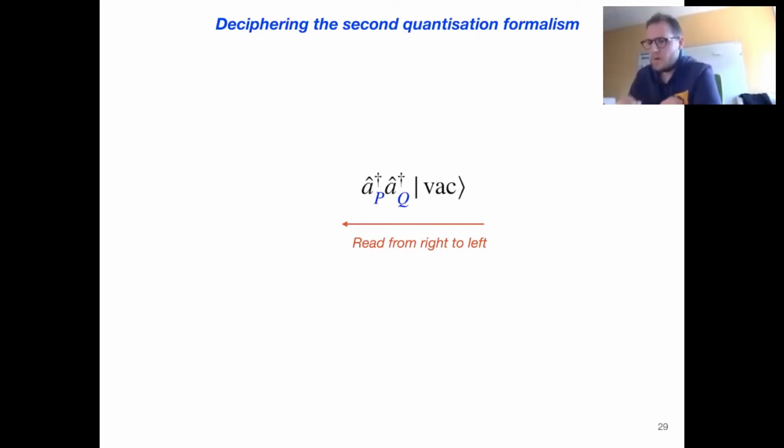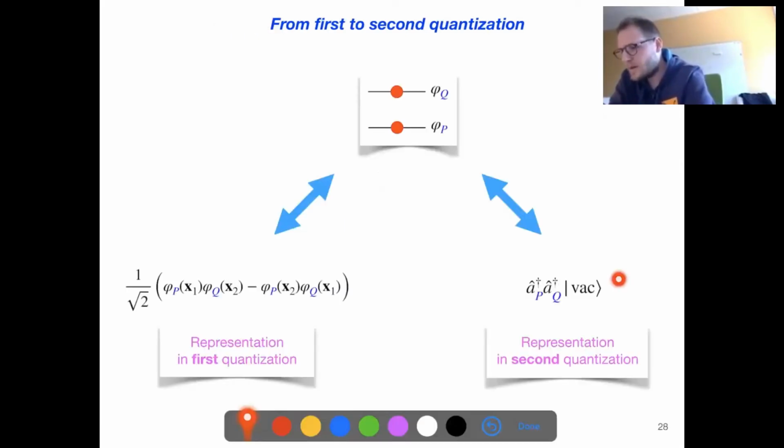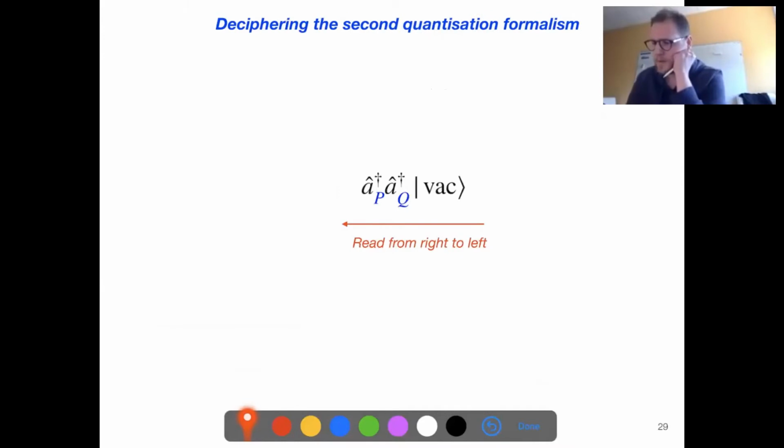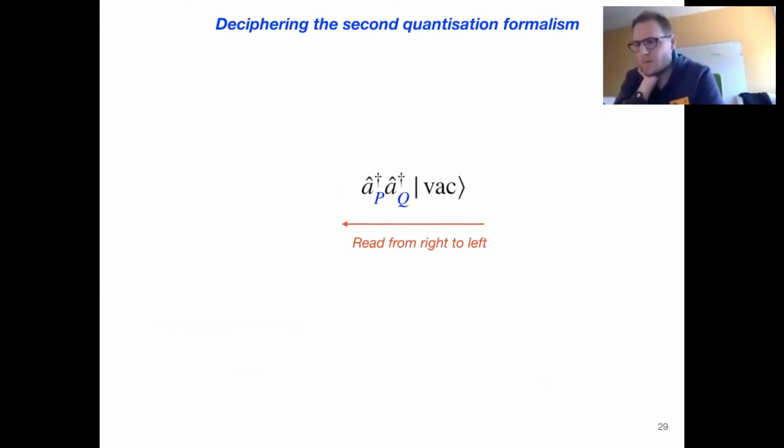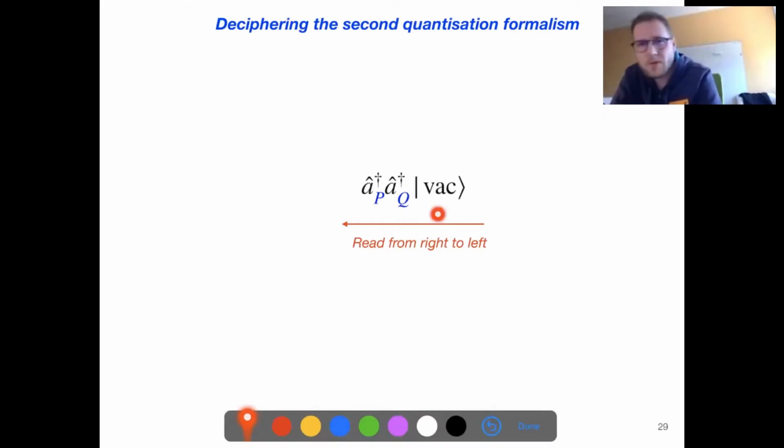Okay, so I told you on the previous slide that this is how we denote Slater determinants in second quantization. So now we need to understand exactly what that means, okay? First of all, when you see this kind of notation, there are things maybe you recognize. You see we have the Dirac notation.